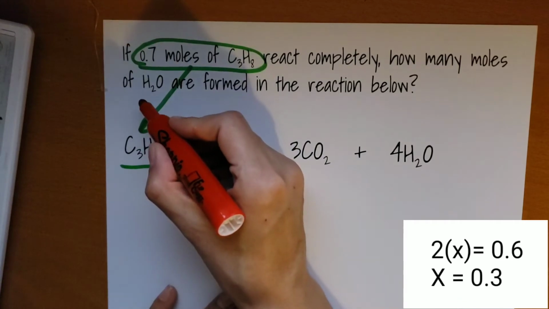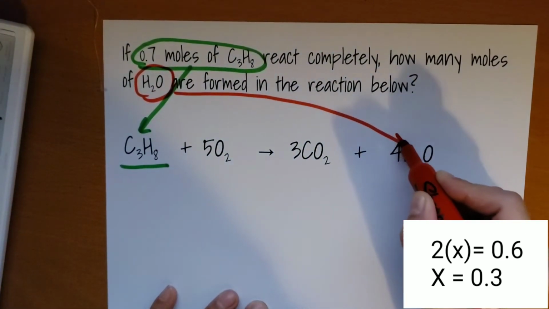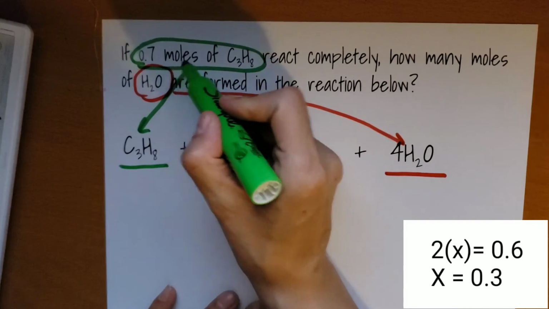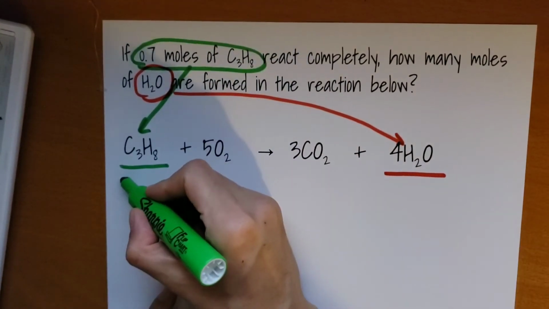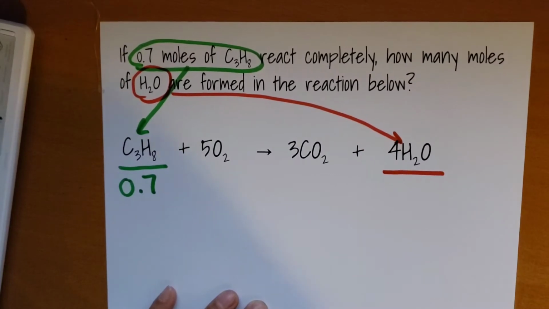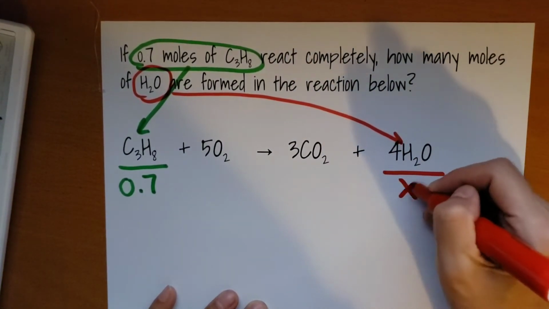So here I have water, and I'm looking for water. And I go back to see what I know. So it says if 0.7, so that goes with the propane. How many moles? So that's X of water.